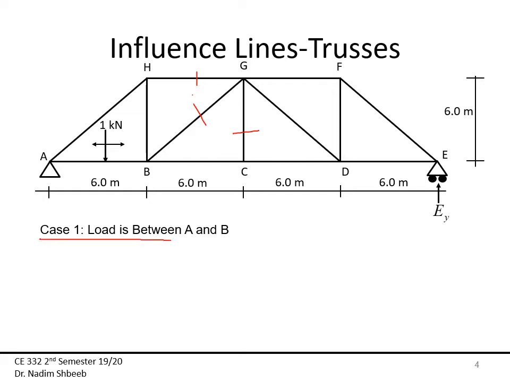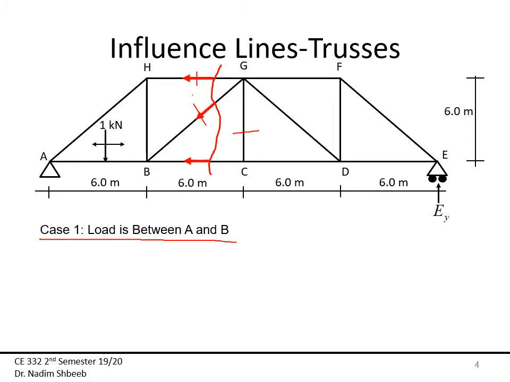So now I'm going to take case 1, which is the loading going between A and B. I'm going to make a section. In that section, I'm going to expose the forces, assuming all of them are tension. So this is my HG, this is my BG, and this is my force in BC.